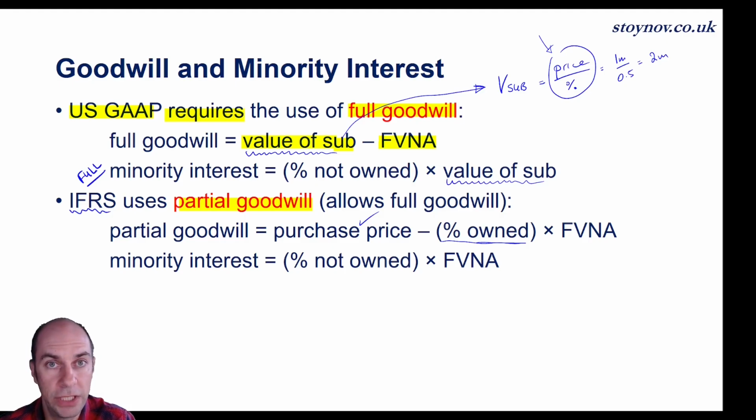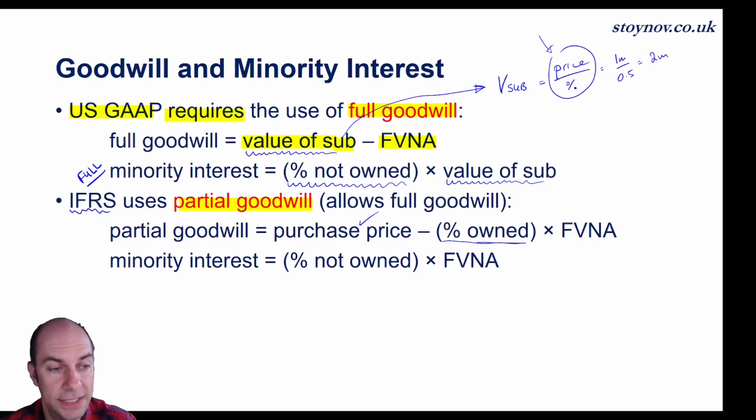And because minority interest looks at the shareholding of the smaller shareholder, the minority shareholder, we simply get the stake that we do not own, right? So we own 60, somebody else owns 40, we take 40% of the value of the sub, and that's what becomes our minority interest figure, which of course is reported on the right-hand side of the balance sheet, together with equity and debt.